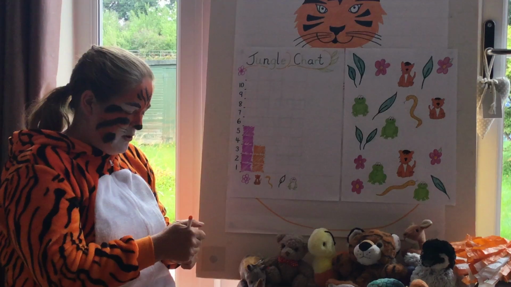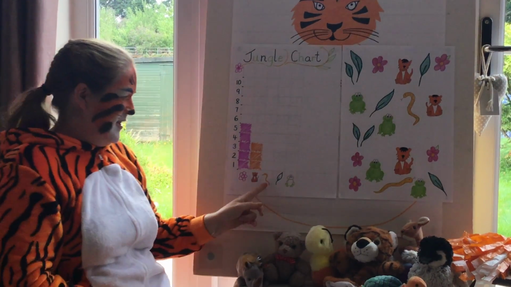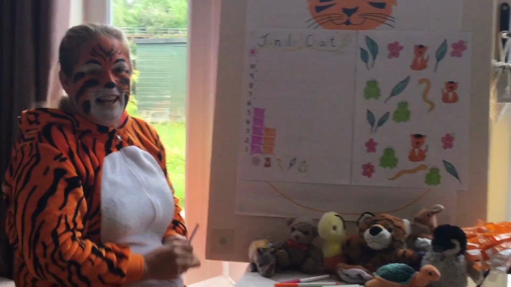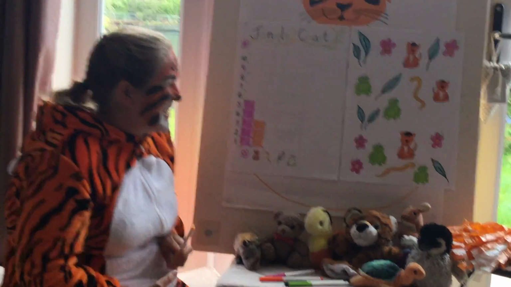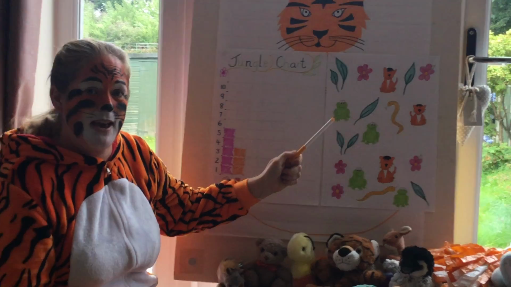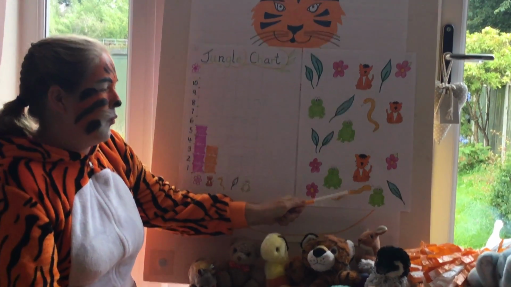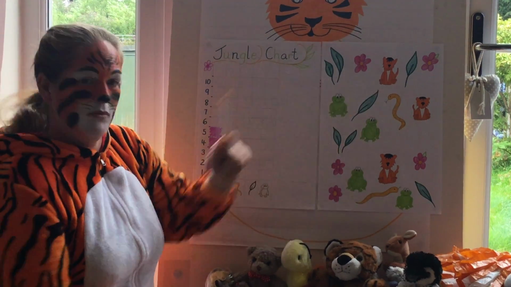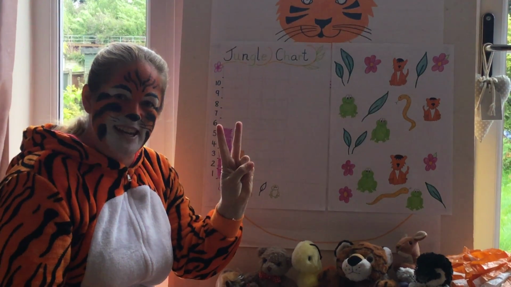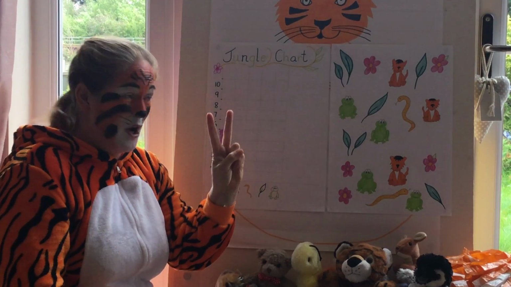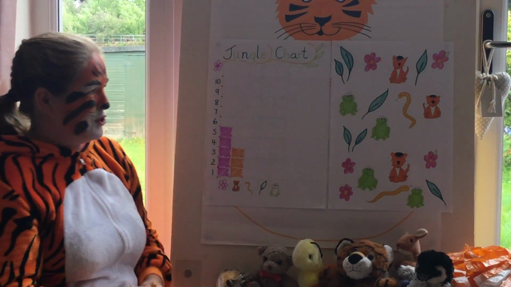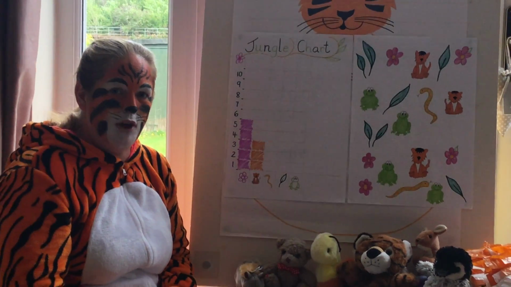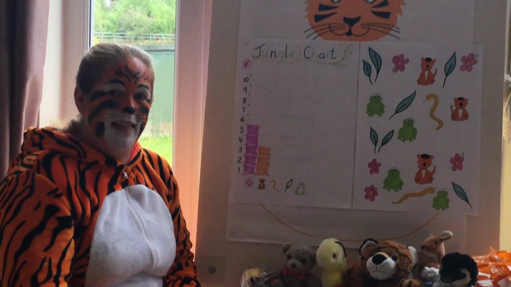What animal is coming next? It's a snake. Let's see how many snakes we can find. Are you ready to count? 1, 2. Oh, how many? 2. Just 2 snakes in our jungle picture. So how many squares will I need to colour for my snake?